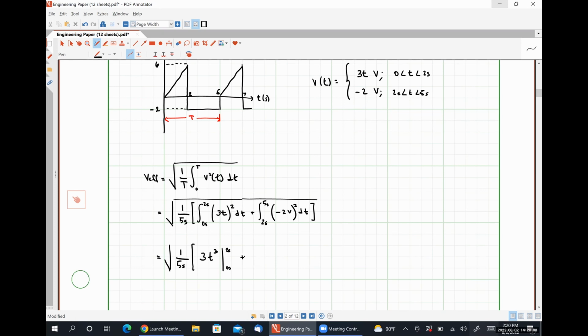And then the integral of -2 volts squared, so 4 volts squared, dt is just going to be 4t, evaluated at 5 seconds and 2 seconds.